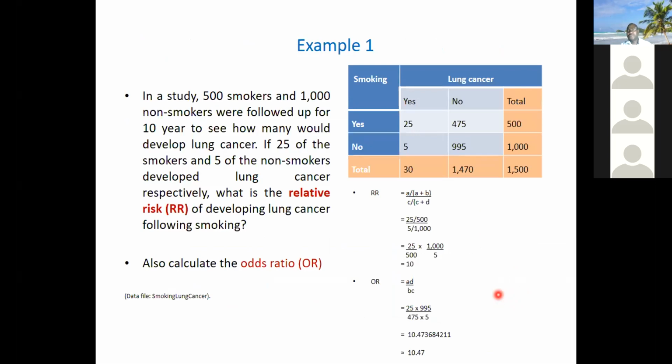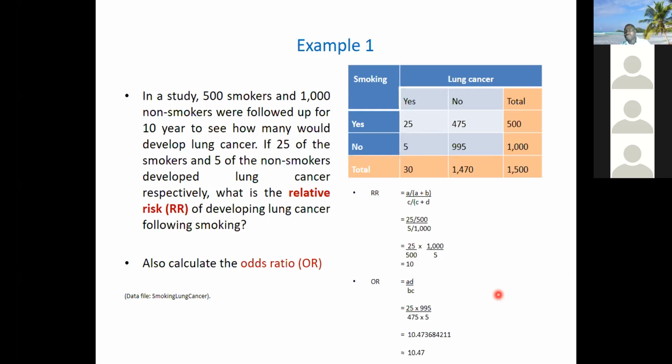In a study of 500 workers who were smokers and 1,000 non-smokers, they were followed up for 10 years to see how many will develop lung cancer. If 25 of the smokers and 5 of the non-smokers develop lung cancer respectively, what is the relative risk of developing lung cancer following smoking?